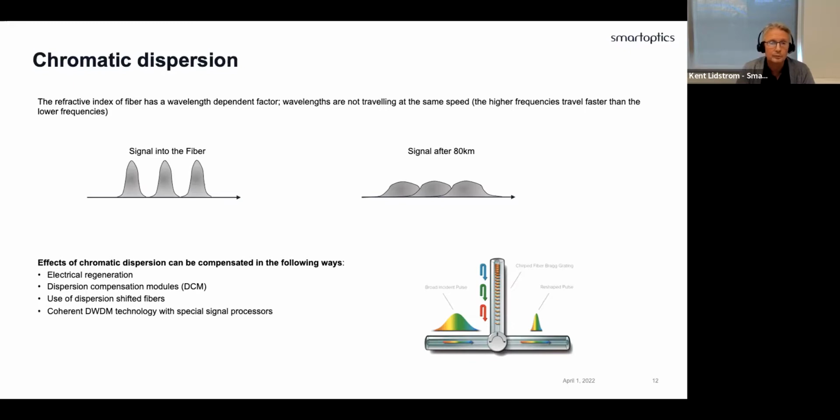But if we look at what the dispersion compensation module is doing, you have light coming in. It goes through a circulator that directs the light from one source going in through a fiber. That fiber is a very unique and special fiber where they have used a technology that they call fiber grating. Basically, they print a jitter in the fiber that reflects each wavelength at a different distance.